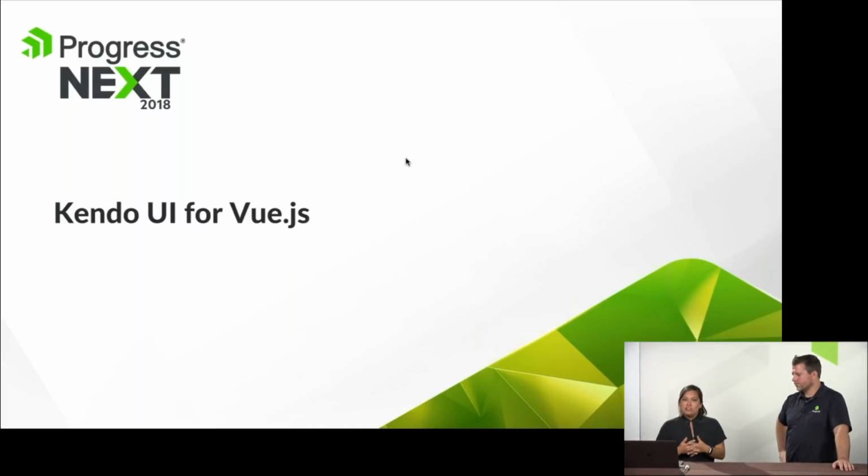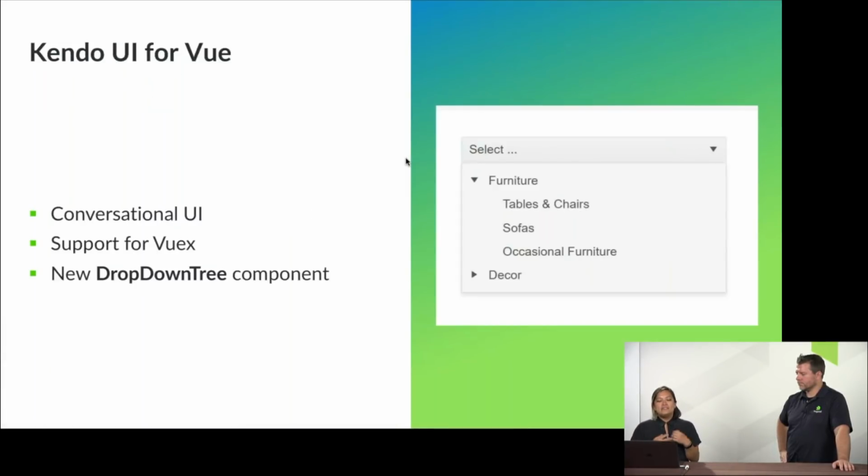And what we do with Vue.js is use our wrappers, but that means that you have all of the components that you have through jQuery, you're able to use with your Vue libraries. But we also have these ones that are specifically for Vue.js. So we are very excited for the things that we're bringing new to Vue with this release.